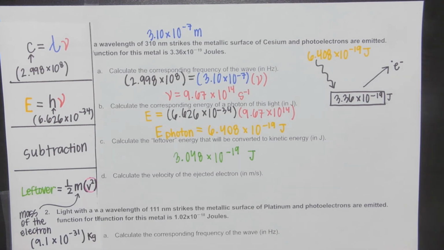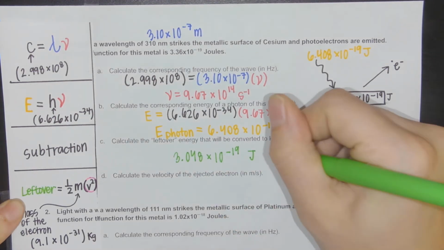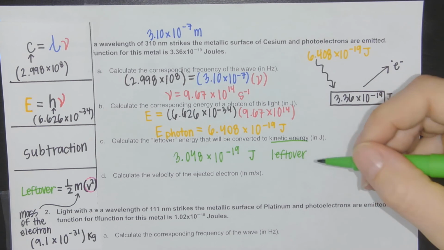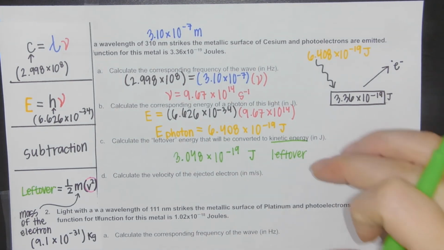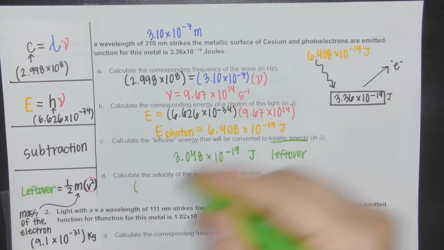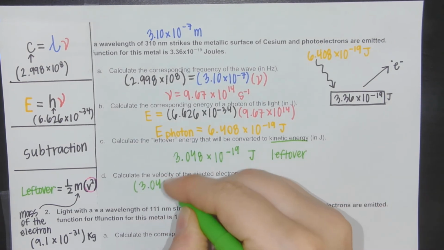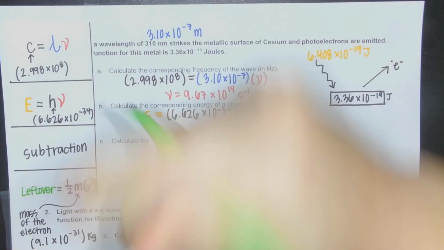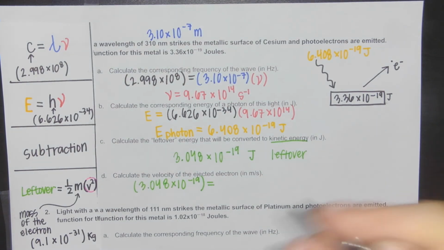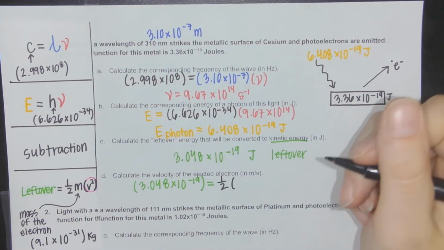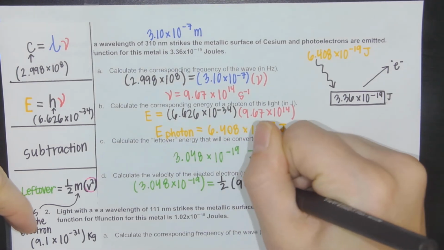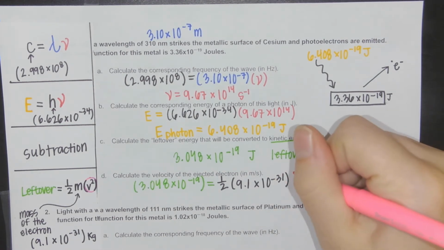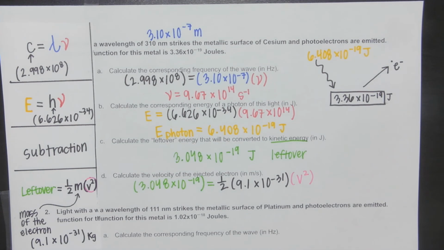And last but not least, this leftover energy, this leftover kinetic energy, it's called kinetic energy because it's the energy of movement, but it's just leftover energy. So leftover equals 1/2 the mass of the electron, which is always 9.1 times 10 to the negative 31, and the velocity squared.